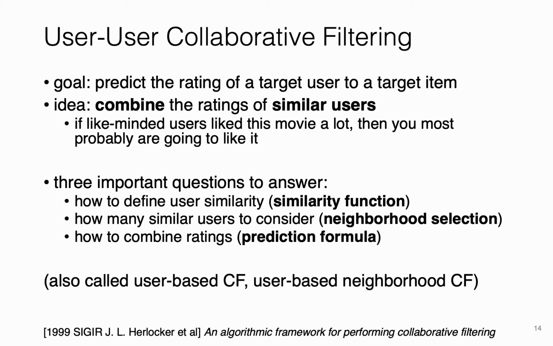This is the neighborhood selection step that determines who affects whom. Third, how are the ratings combined? What is the prediction formula used? We note that there are different ways to answer these questions. Here we will only provide some indicative answers, leading to approaches that have been shown to work well in real-life cases.